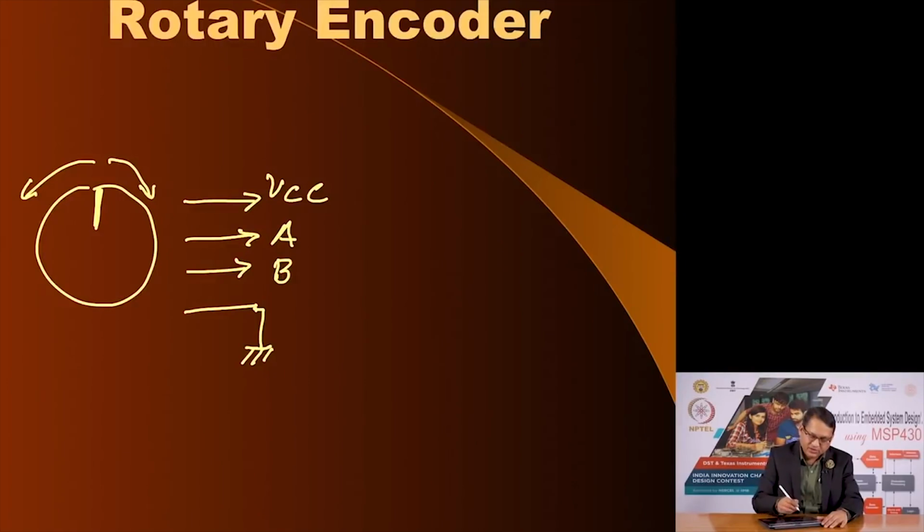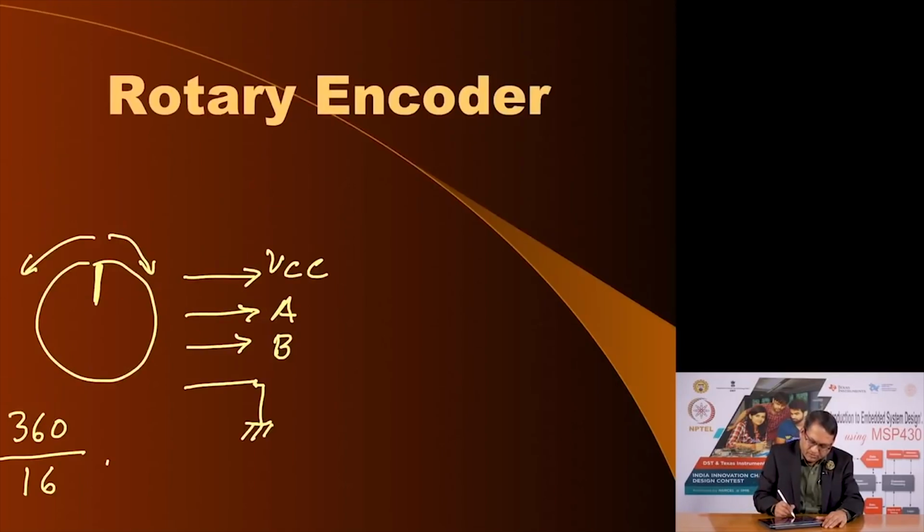So, let us say suppose this is the 360 degrees, that is one entire rotation, and suppose this is a 4-bit encoder, that means you have 16 parts, which means for roughly every 20 degrees, 25 degrees of rotation, it will give you one pulse.